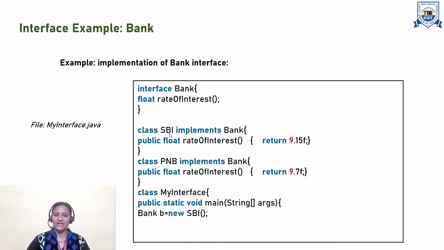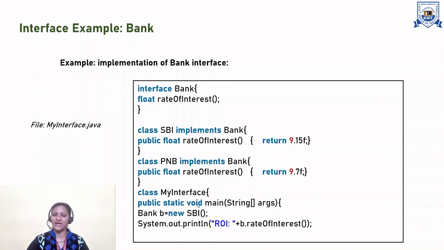As there are two classes which are implementing this interface, we made the object of the bank, B, as this interface which was incomplete, but this time it got completed, it got implemented with the help of SBI. So this time we are giving it the reference of the class SBI where it got completed, and here it printed the rate of interest with the help of this reference variable, B dot rate of interest.